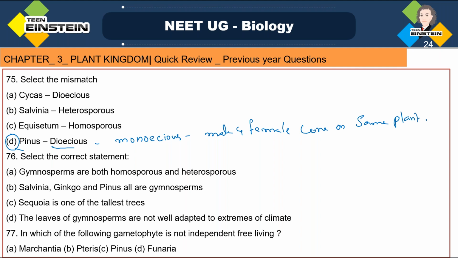Okay. Next question is, select the correct statement. Option A, gymnosperms are both homosporous and heterosporous. Option B, Salvinia, Ginkgo and Pinus all are gymnosperms. Option C, Sequoia is one of the tallest trees. Option D, the leaves of gymnosperms are not well adapted to extremes of climate.